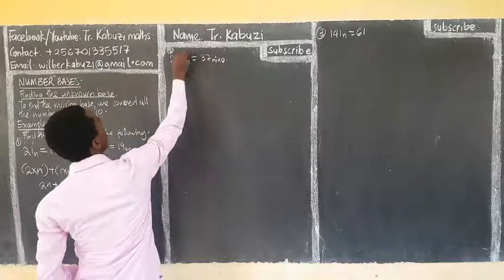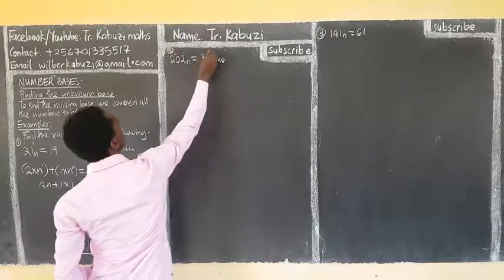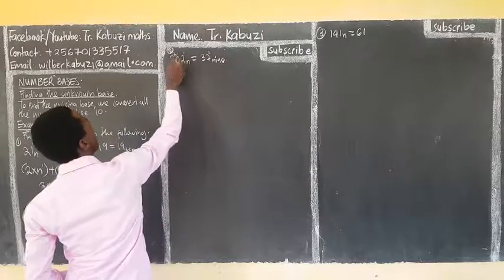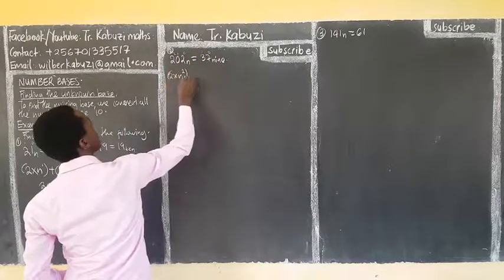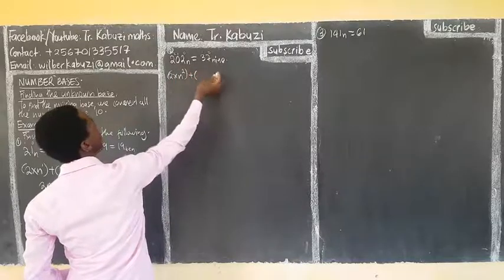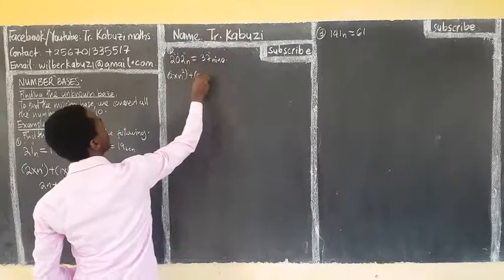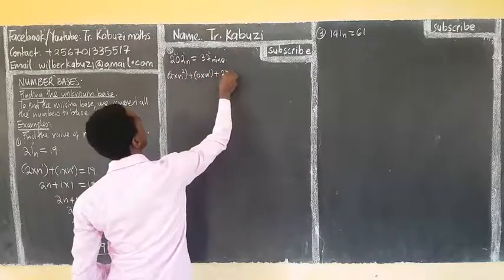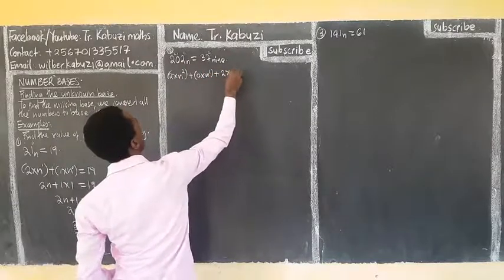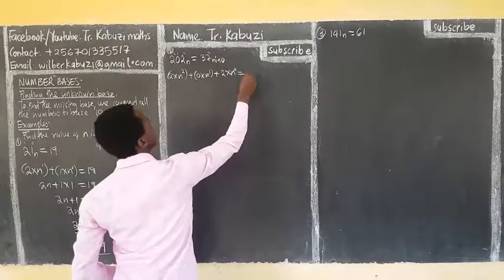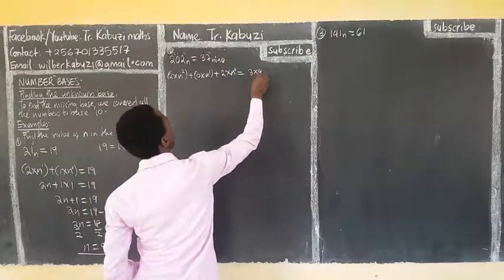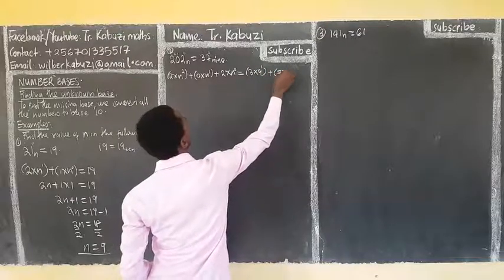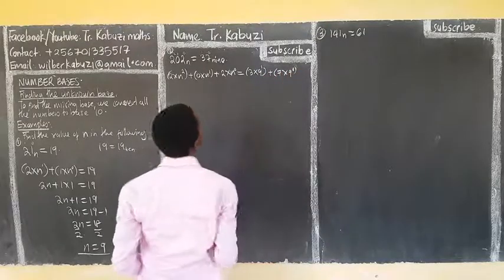So we convert this to base 10 and also this to base 10. So this will be 2 times the base, power 2, plus 0 times n power 1, plus 2 times the base, power 0, equaling 3 times 9 power 1, plus 7 times 9 power 0.